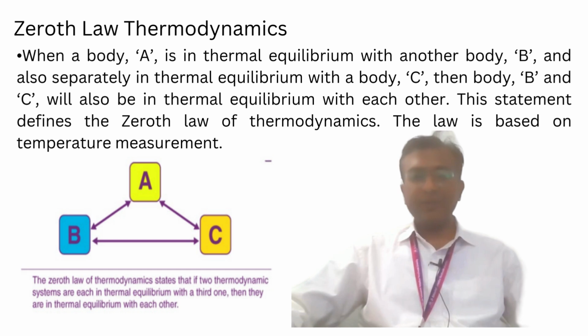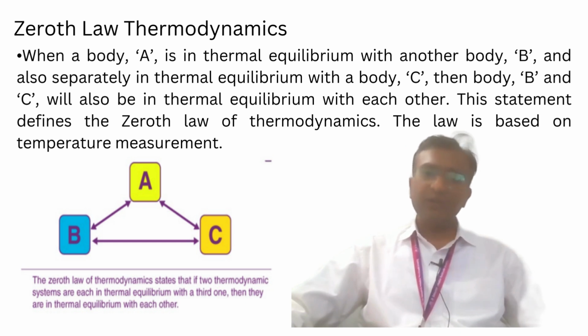As we know, it allows us to define and compare temperature consistently across different systems and locations. We can use a thermometer, that is our object A, to determine the temperature of different objects, object B and C, and know that if the thermometer reads the same for both, then those objects are also at the same temperature.